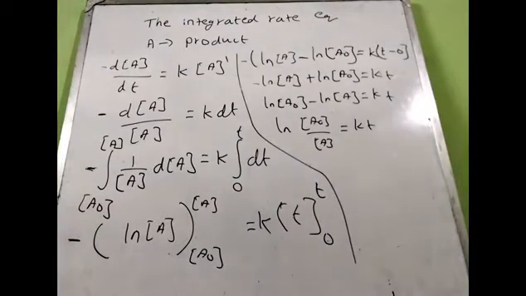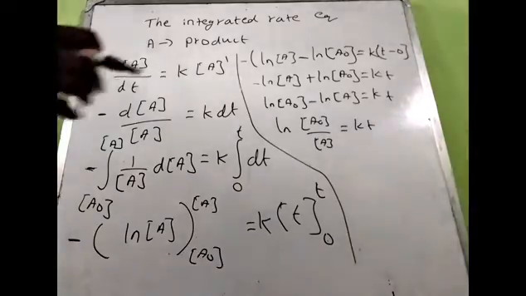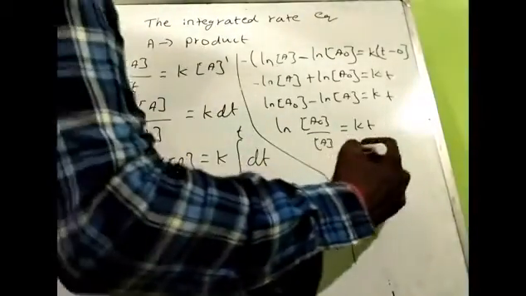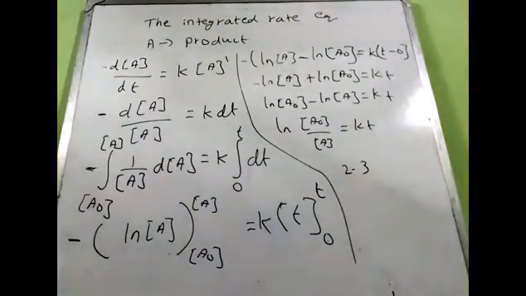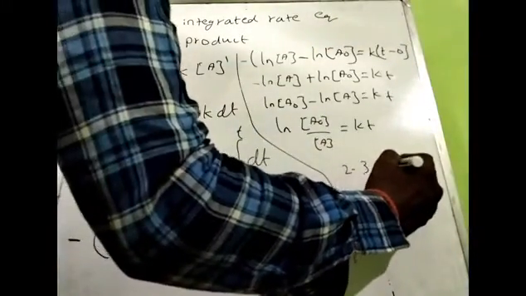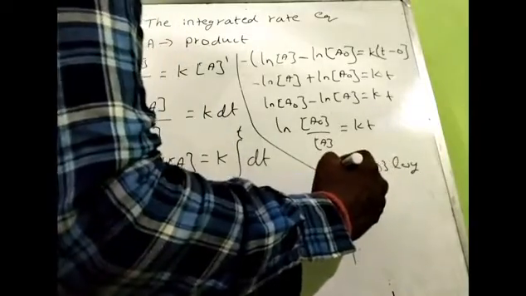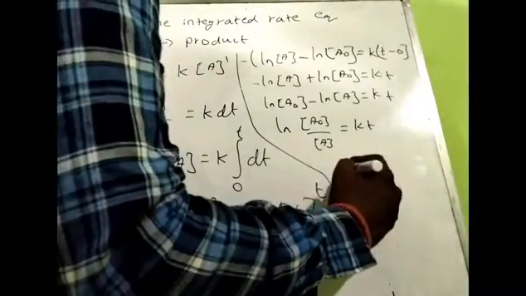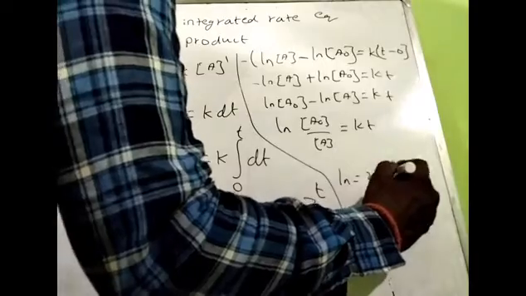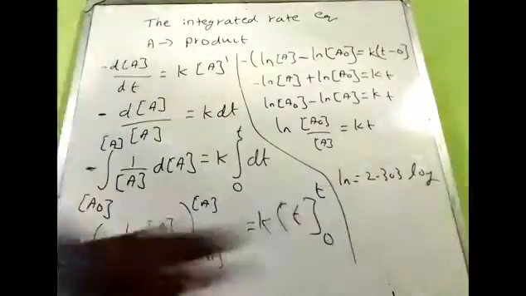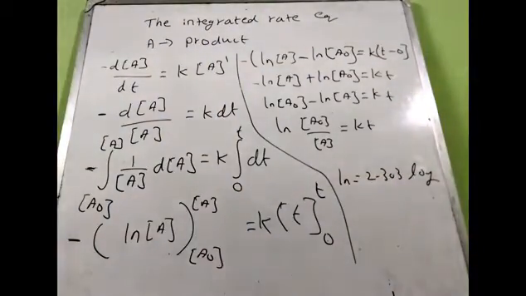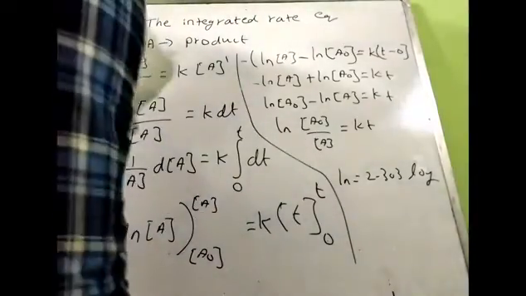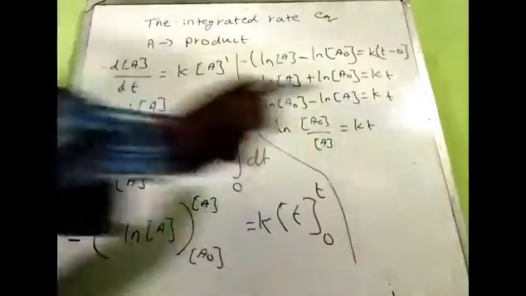Now we want to change natural log into log base 10. When you multiply the log by 2.303, ln equals 2.303 into log. If you multiply the 2.303 value with log, it becomes ln. So to change ln into log, just multiply by this value.